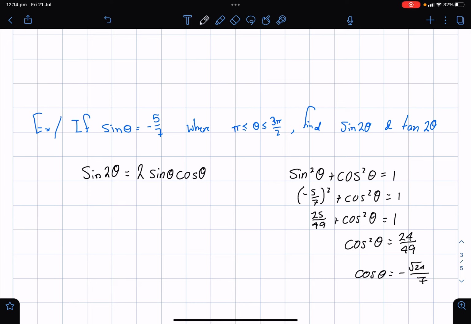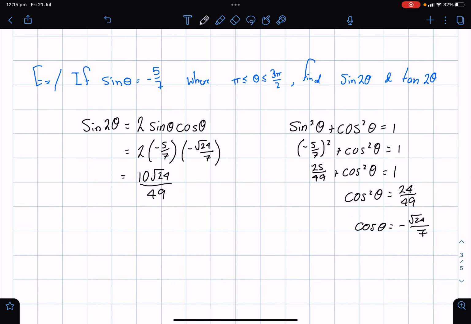Okay, let's now apply that into our trig identity over here. So 2 times sine theta times cosine theta, just like that. So I've got 10 root 24 on 49, and that is my sine of 2 theta in exact form.